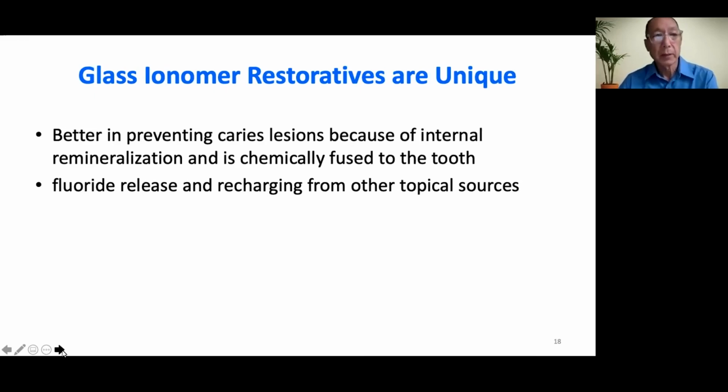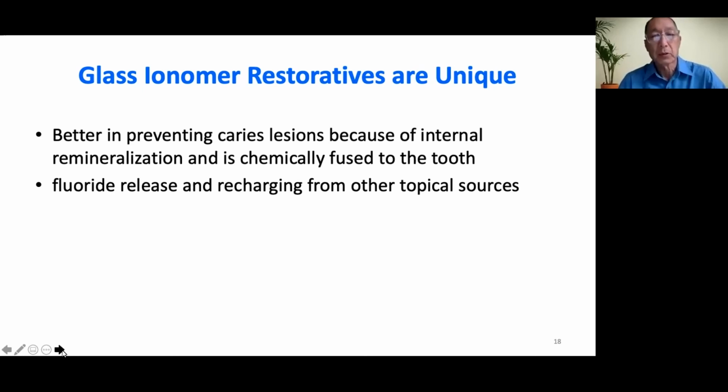Now, what do we get from that? In summary, glass ionomer restoratives are unique. They are better at preventing lesions because of the internal remineralization and unique chemically fused layer to the tooth. In fact, studies show that chemically fused layer is almost like welding 2 pieces of steel together, because when you subject it to forces, it breaks in the restorative material before the bond to the tooth will break.